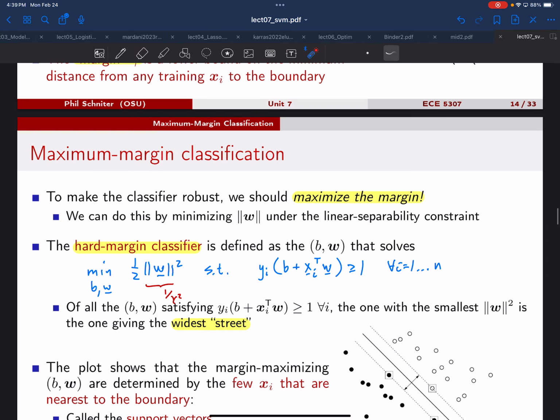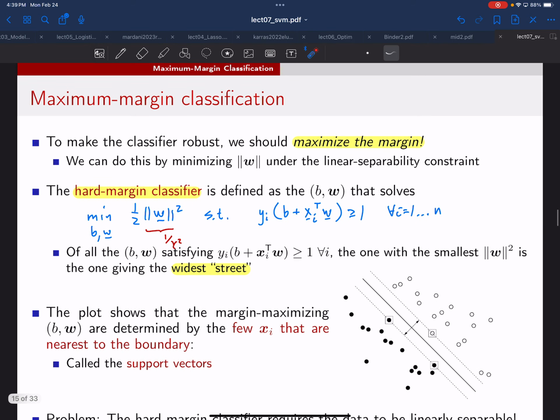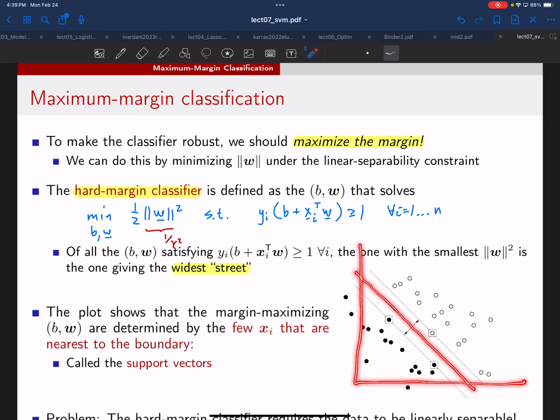Now, there is one sort of catch if you think about doing that. It has to do with the scaling on W. So if you imagine all the W and B's that give you exactly this boundary, remember there's many of them because when you look at the intercepts, you have things like this, which means that as you scale B and W together, the intercepts don't change, right?